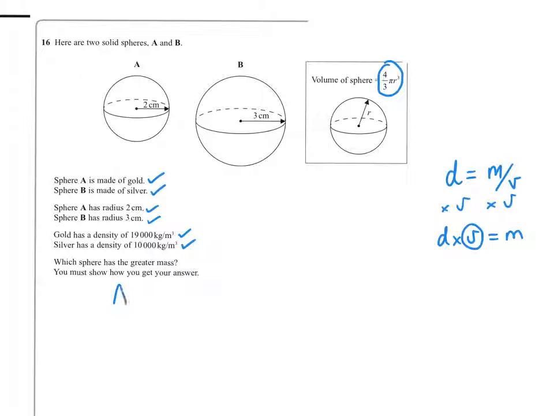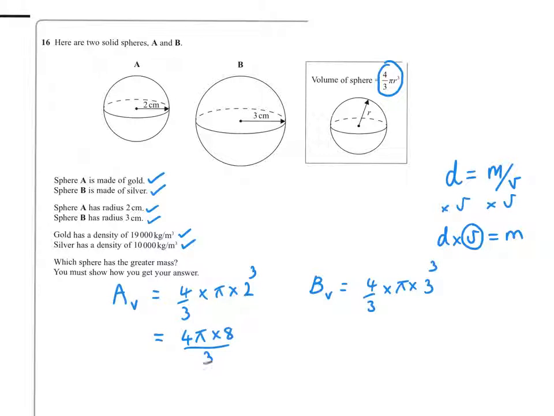So for sphere A, the volume is going to be 4/3 times pi times the radius cubed. For B, the volume is going to be 4/3 times pi times 3 cubed. So that's going to give us 4 pi times 8 over 3.